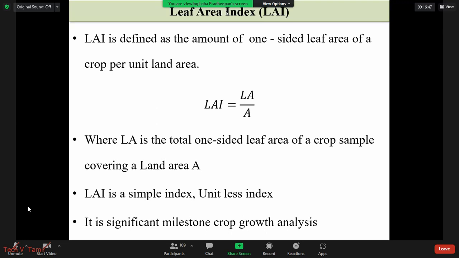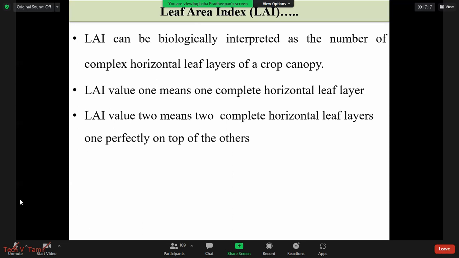Then we move to the leaf area index. Leaf area index is a parameter mainly utilized. Leaf area divided by the land area, because in basic measurements we studied the dry weight and leaf area. So leaf area divided by land area gives the leaf area index. This parameter can be commonly utilized in crop growth analysis.